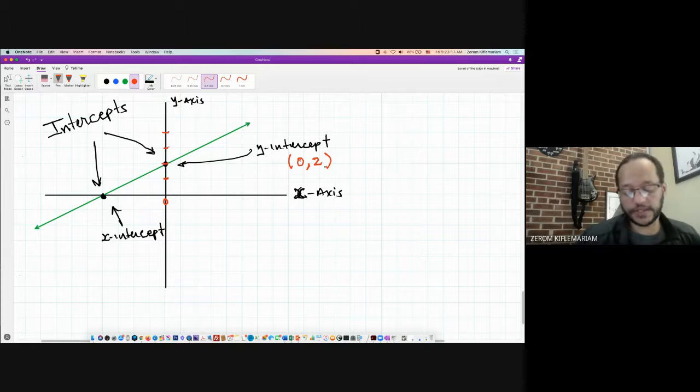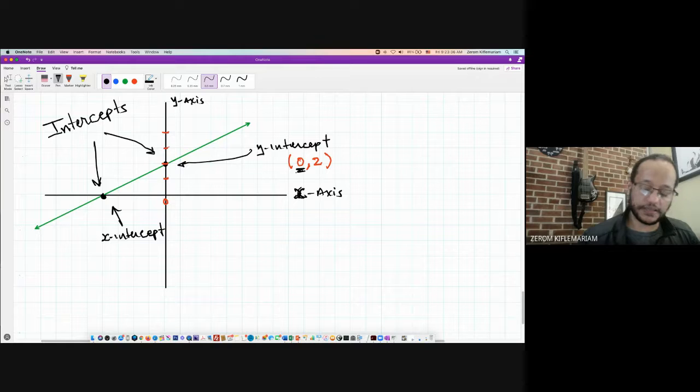For the y-intercept, what do I know? The x value is always 0, because it is crossing the y-axis, and at that point the x value is always 0.